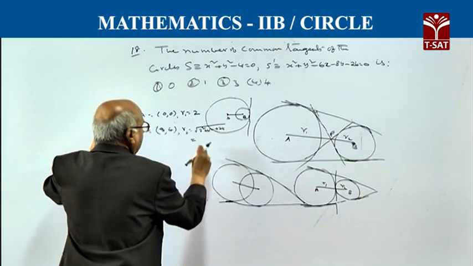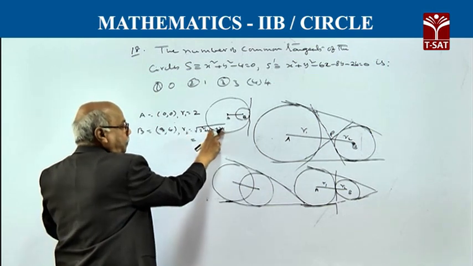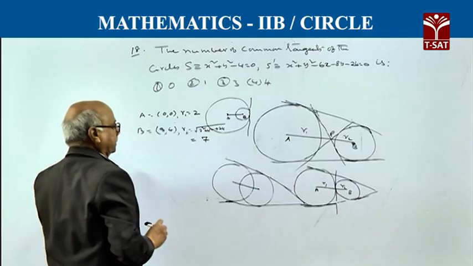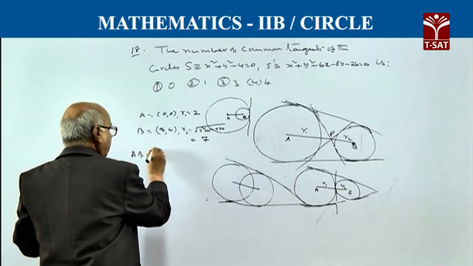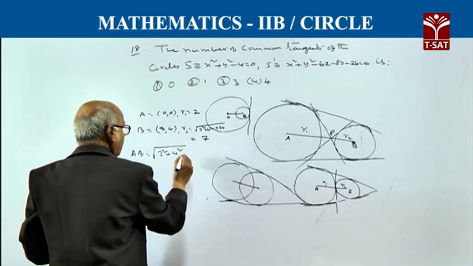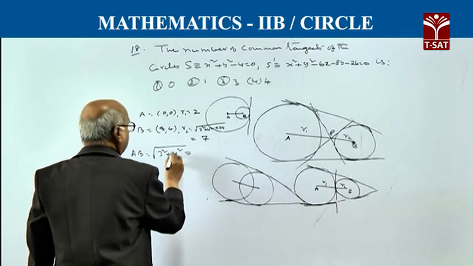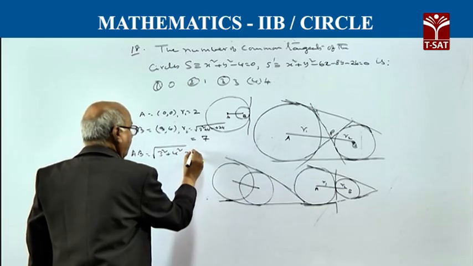So, that is nothing but 16 plus 9, 25 plus 24, 49. So R2 is 7. Now, the distance between the centers AB is equal to square root of 3 square plus 4 square, which is equal to 5.